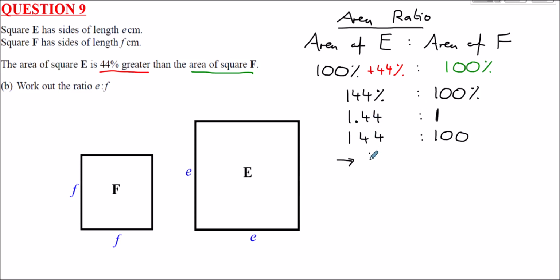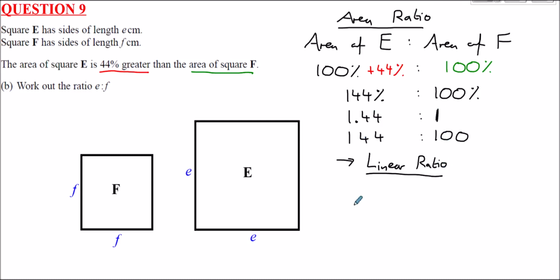We can now work out the linear ratios. So in terms of the area of E to the area of F, we had 144 to 100. Because area units is squared and linear is to the power of 1, to go from something squared to something to a power of 1, we just square root.